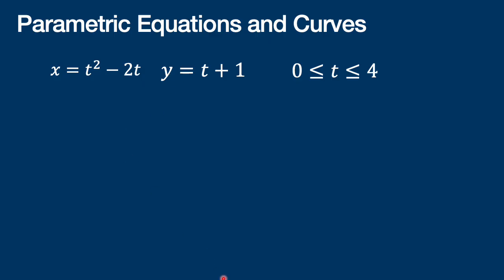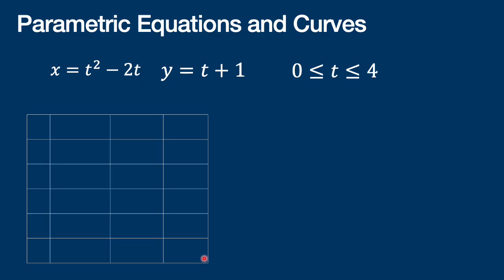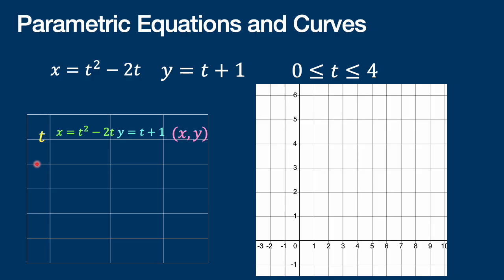So let's make a table, guys. You're going to make a table right here. t is the first column, then x position depending on t, y position depending on t, and the x, y position on the plane.